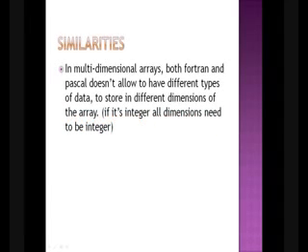In multidimensional arrays, both Fortran and Pascal don't allow different types of data to be stored in different dimensions of the array. That means if a multidimensional array is declared as integer, every element of the array should be integer.